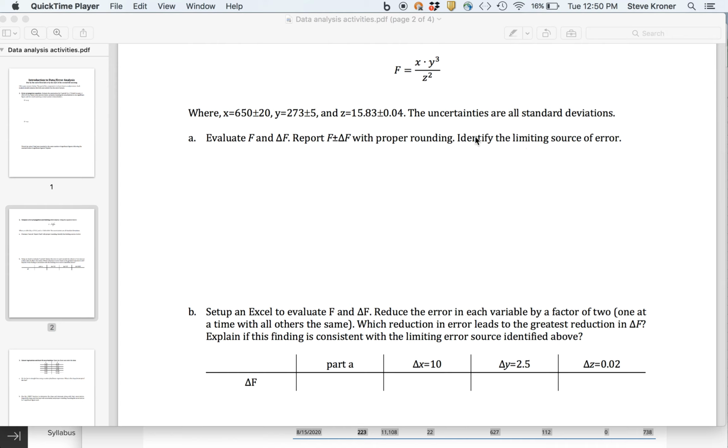An interesting question would be what the limiting source of error is. It would be the term that's biggest. If you take df/dx squared times delta x squared, versus df/dy squared times delta y squared, and the same thing with z, which of those terms is biggest?